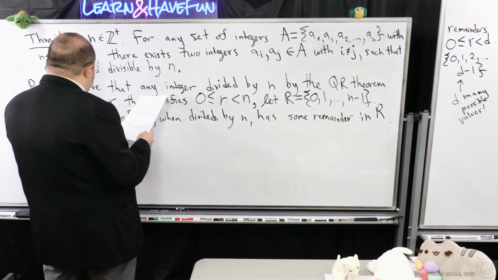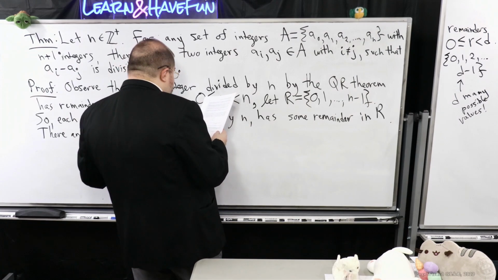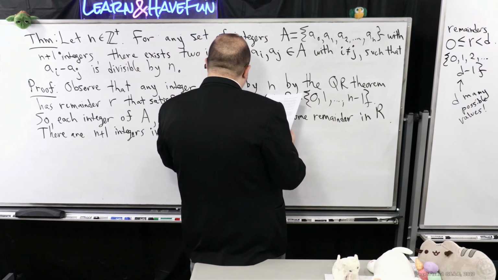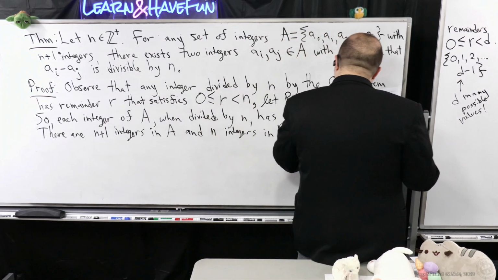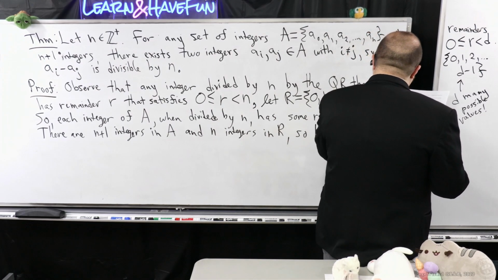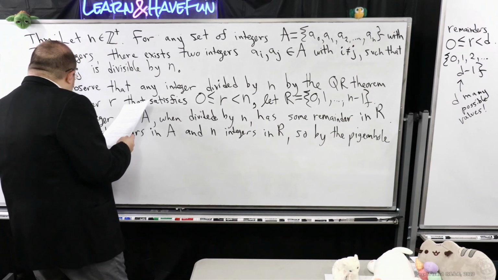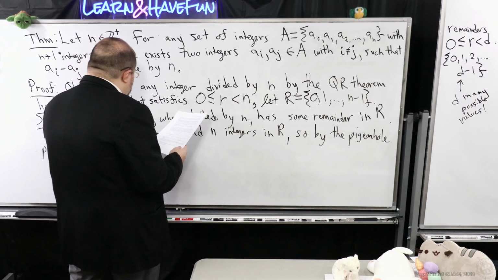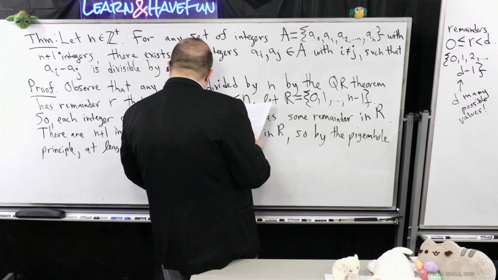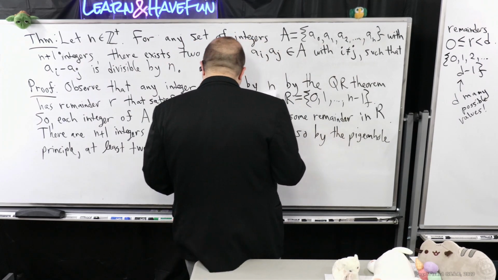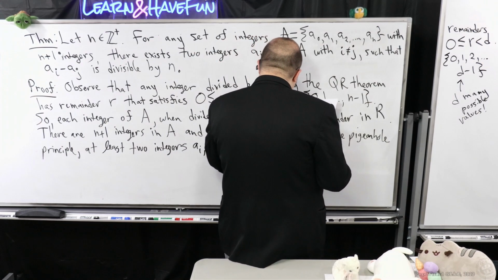There are n+1 integers, or elements, in A, and n integers in R. So, by the pigeonhole principle, at least two integers, a_i and a_j in A with i not equal to j, because they're two different elements, right?